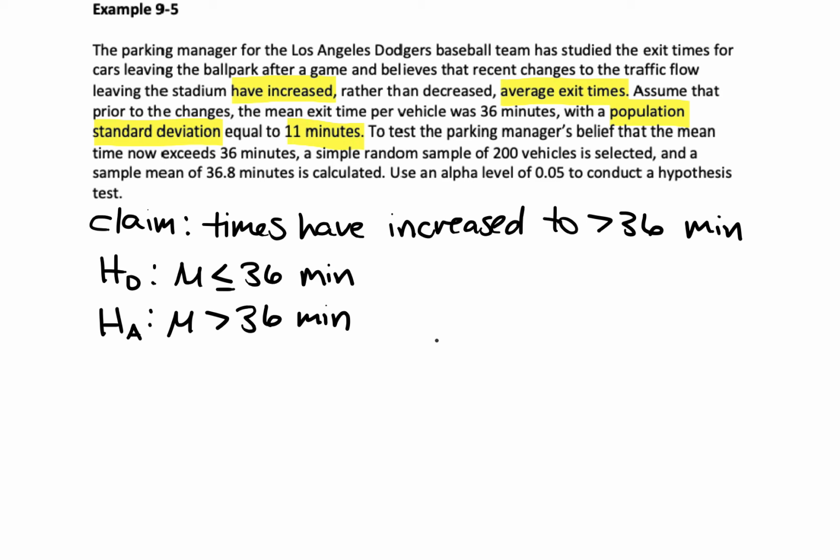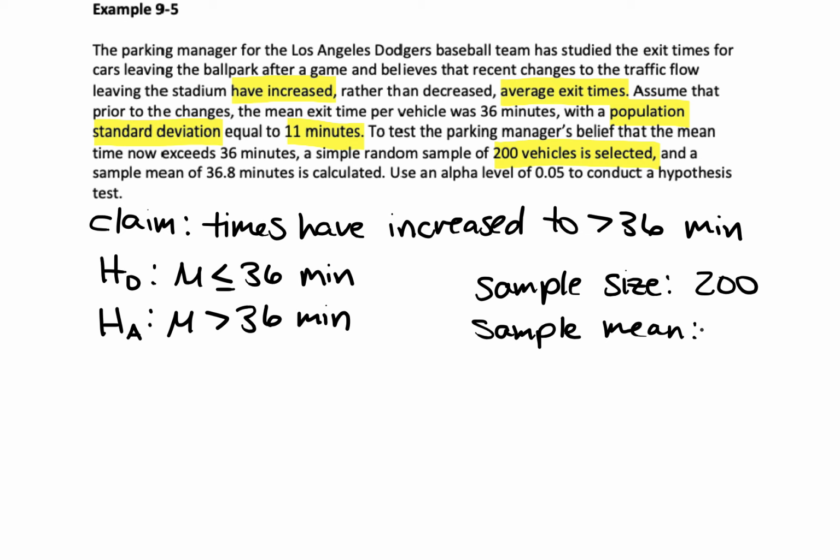So now I'm going to identify the pieces that I need to put in Minitab. So I'm going to need the sample size, which is 200 vehicles. I didn't highlight that, but I probably should have. My sample mean, which was 36.8 minutes.